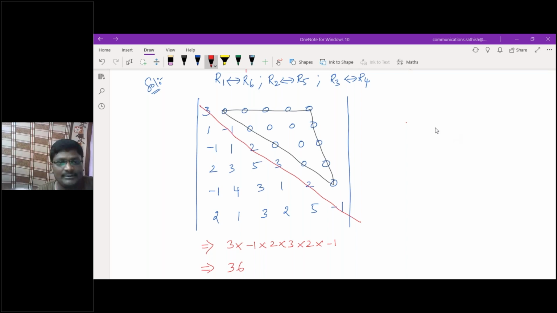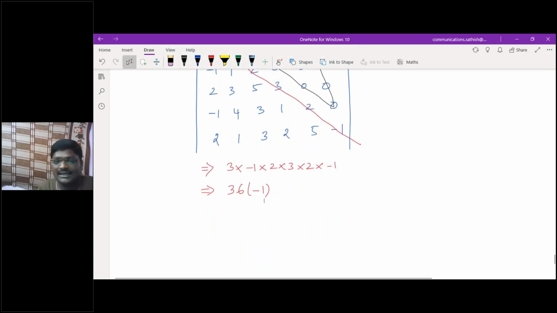So for each interchange it will be multiplied by minus 1. Overall, how many multiplications of minus 1? Three times, which is nothing but minus 1 only. Multiplying again by minus 1, the final answer will be minus 36.